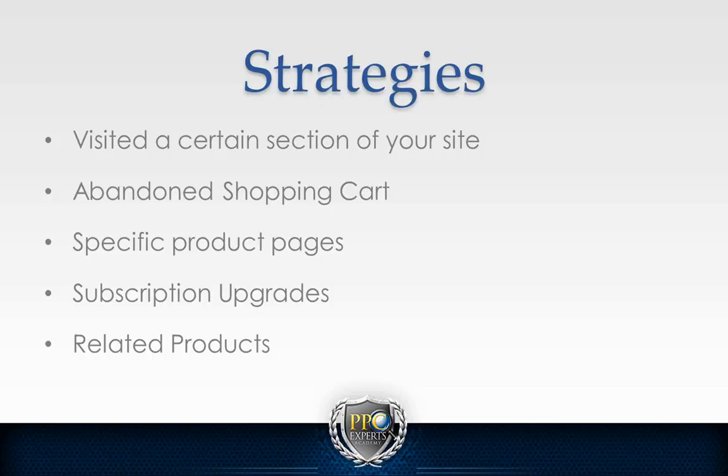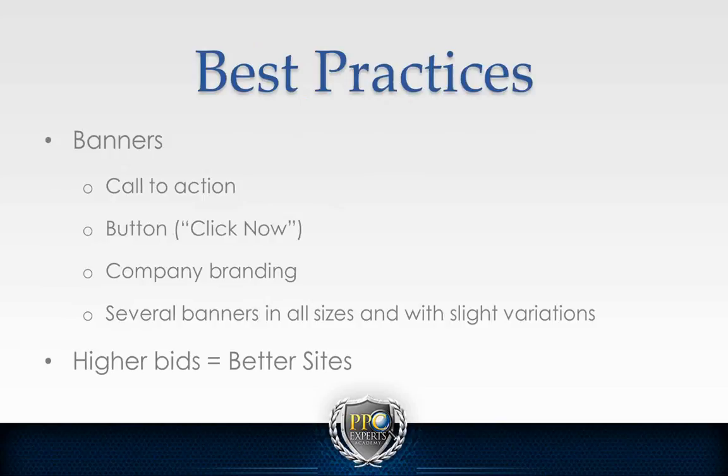Let's say somebody visited the Kindle page and actually bought the Kindle, then maybe you show them ads or banners for a Kindle case or cover or something. Or maybe even Kindle ebooks. So they bought the Kindle, but they haven't bought any ebooks yet, and maybe you show them ads for ebooks. So those are some different strategies.